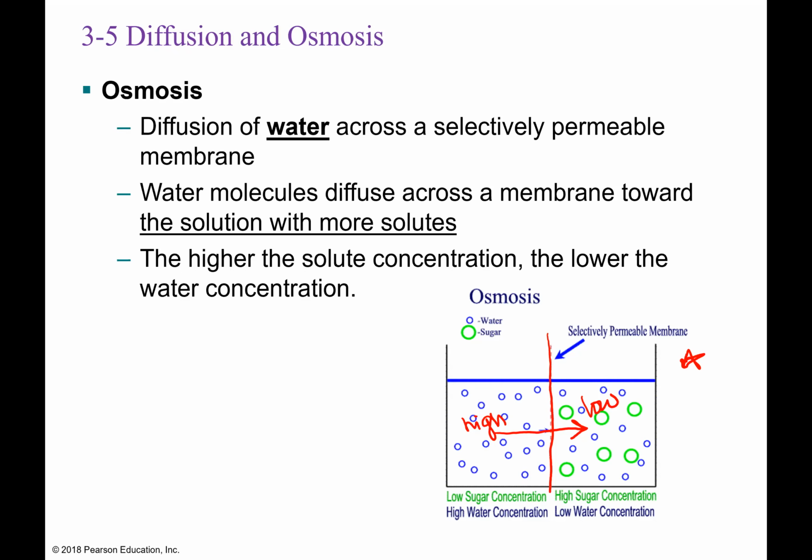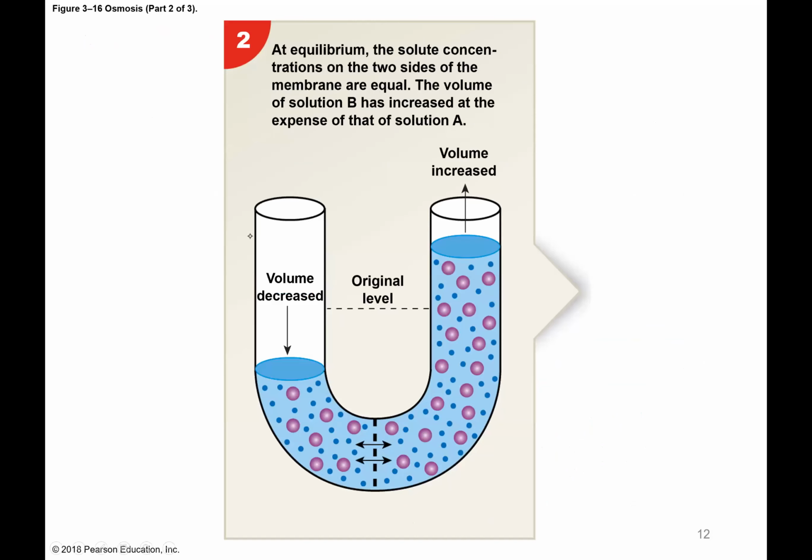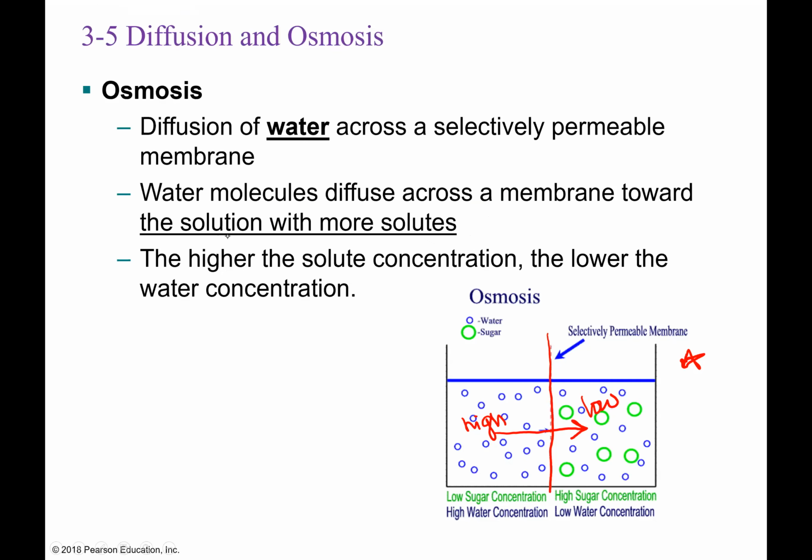So if we're talking about the sugar concentration on the right-hand side, the higher the concentration of solutes, sugar, the lower the concentration of water. So we're talking about water concentration levels. What is cool about osmosis is we have water moving from an area of high concentration of water to an area of low concentration of water.